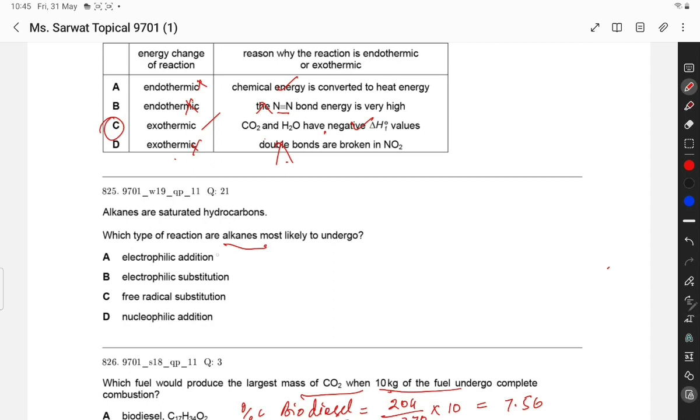Alkenes exhibit electrophilic addition, so there is no electrophilic addition in alkanes. Electrophilic substitution is not possible with alkanes. Free radical substitution is the correct option because alkanes undergo only free radical substitution, so not nucleophilic addition. So C option is correct option.